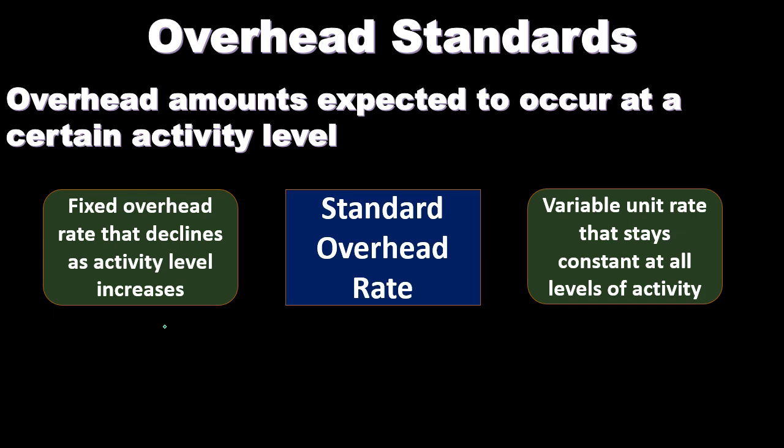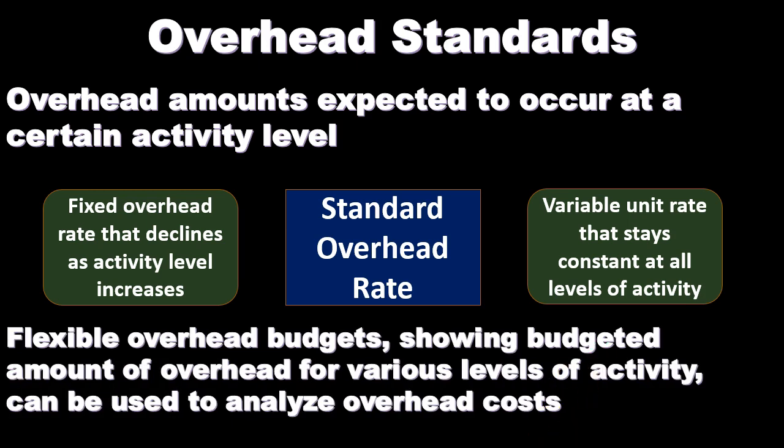As the activity levels go up, as we produce more stuff, then the fixed overhead rate will decline because we're making more stuff and we have the same fixed costs, whereas the variable unit rate stays constant at all activity levels because it's variable, meaning as activity levels go up, the rate would be the same because it's going to stay the same at the increase in activity levels. The slope of the line will be the same.